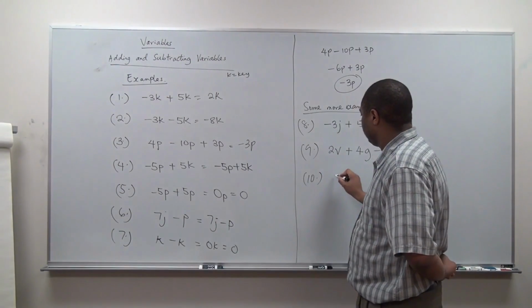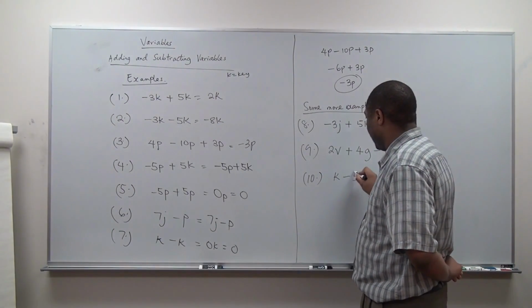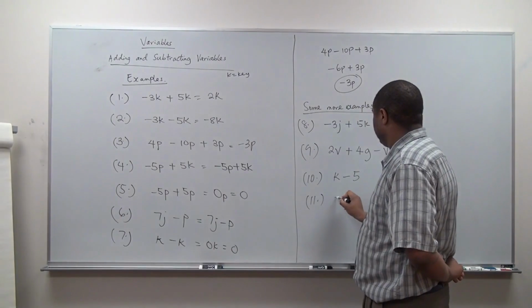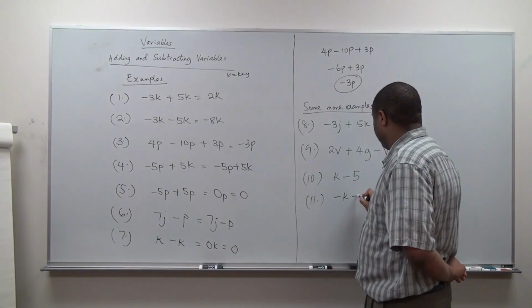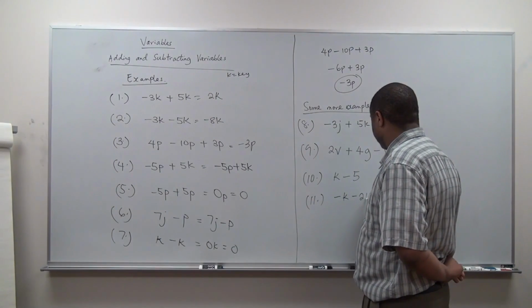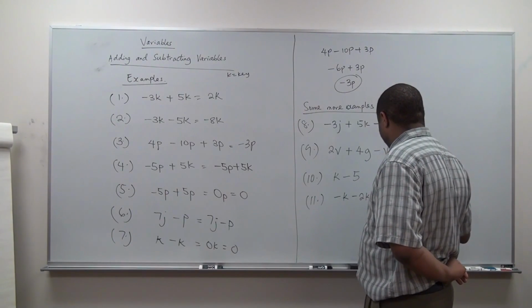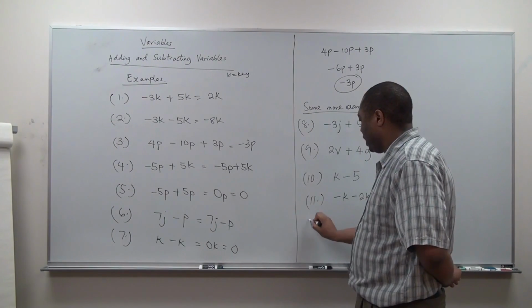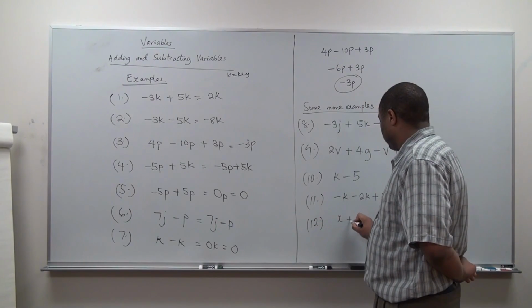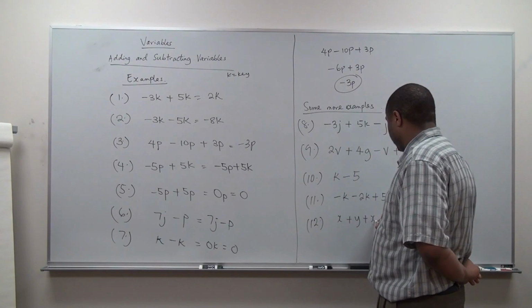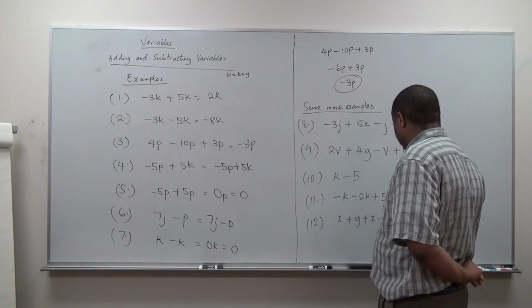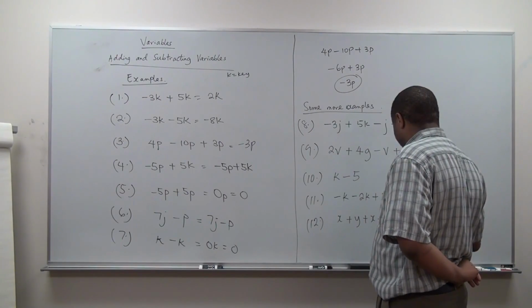Here you have k minus 5. Here you have negative k, negative 2k plus 5j minus k. Here you have x plus y plus x minus y minus x plus y.